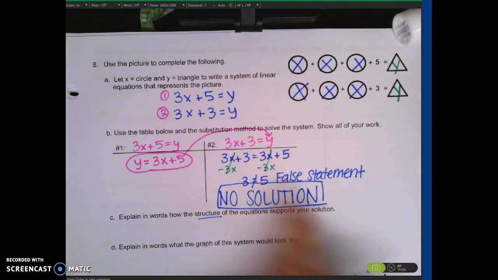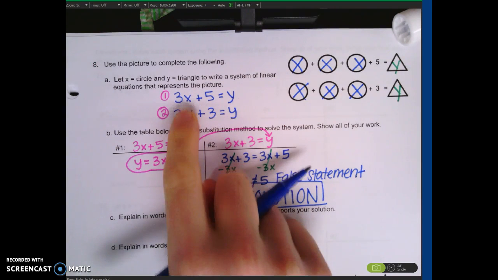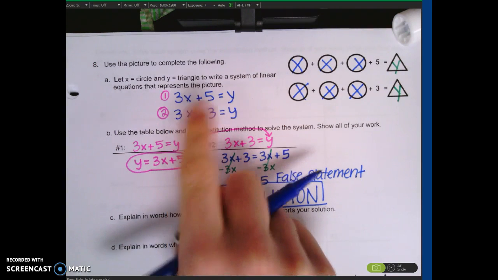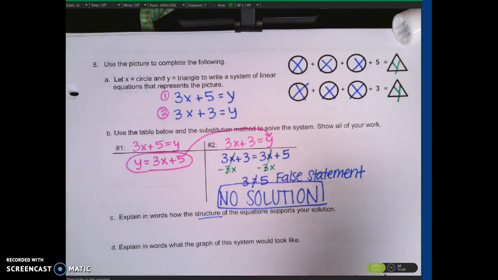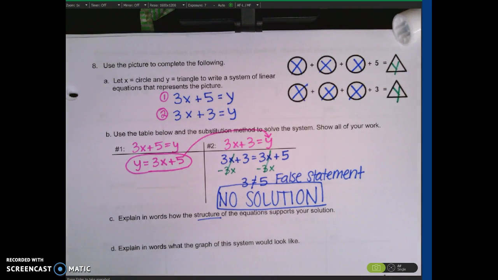Well, looking at the structure of the equations, what do you notice about the variable terms and the constant terms? Think about that. What do you notice about the variable terms and the constant terms?